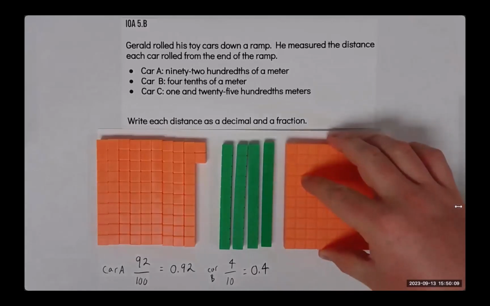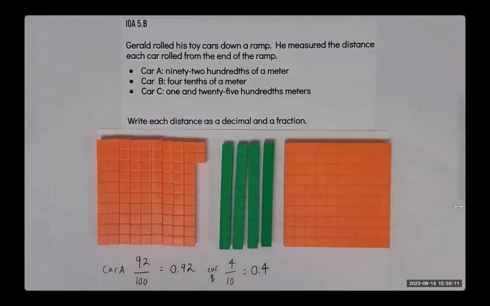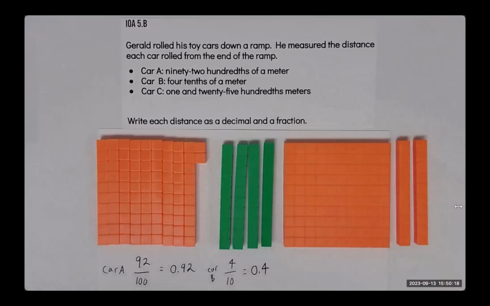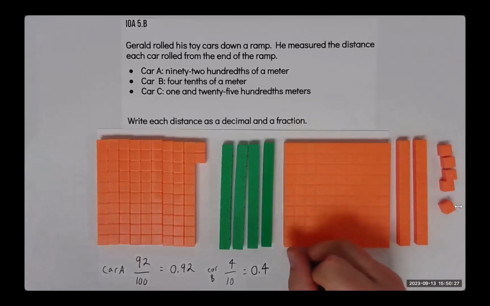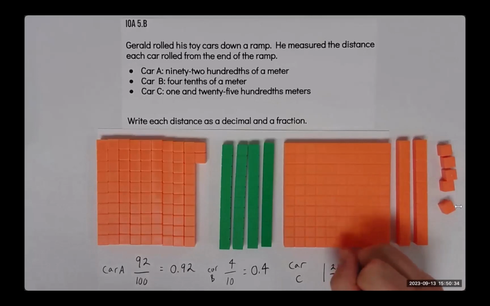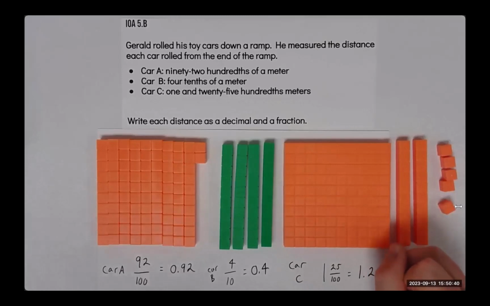So to represent that with base 10 blocks, I need 1 whole plus 25 hundredths. I can represent 25 hundredths with 2 tenths and 5 hundredths. Now, to write this as a fraction for car C, it would be 1 and 25 hundredths. As a decimal, I would write that as 1 and 25 hundredths.